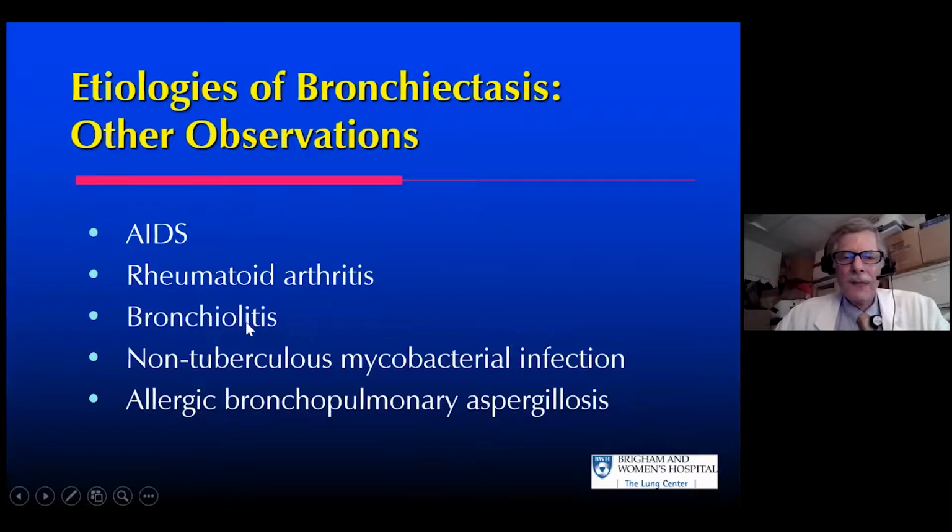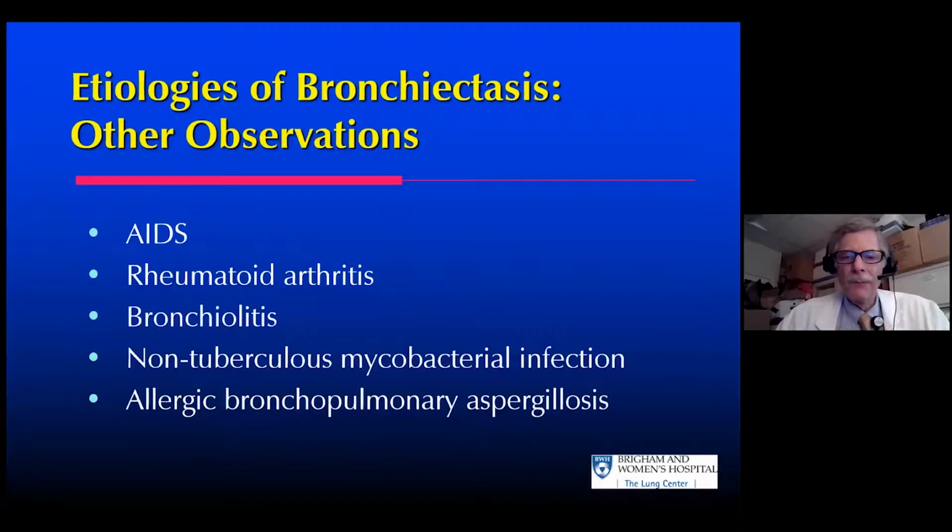And then two that I'd like to highlight: one, non-tuberculous mycobacterial infection, Lady Windermere syndrome, mycobacterial infection, particularly in postmenopausal thin women, leading to bronchiectasis. I think that the mycobacteria causes bronchiectasis.